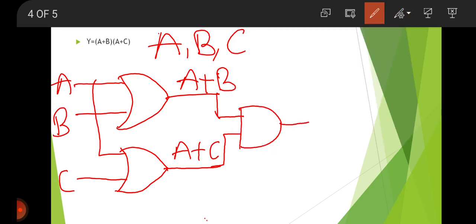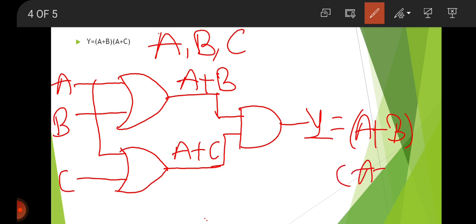So this is the AND gate. Therefore, Y is equal to our output (A + B) and (A + C).